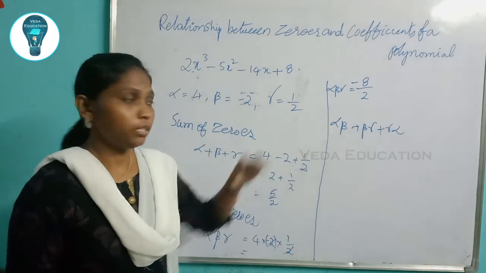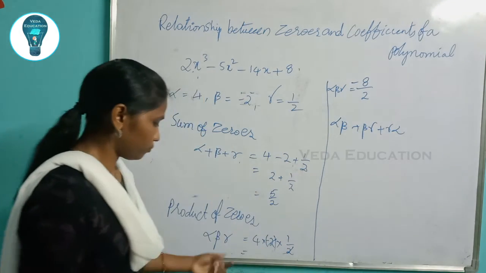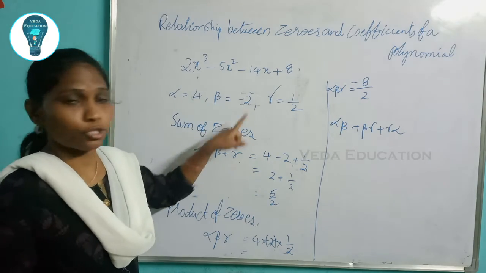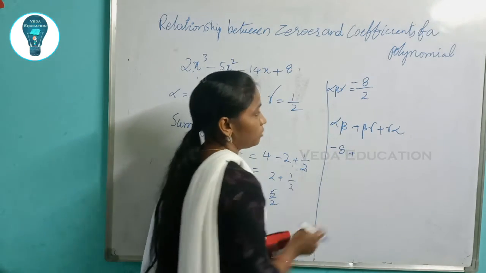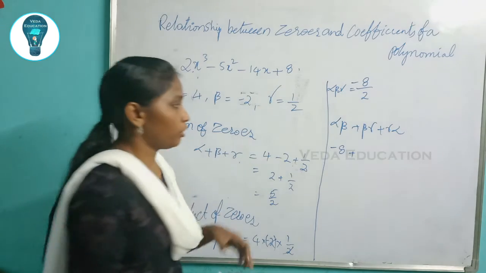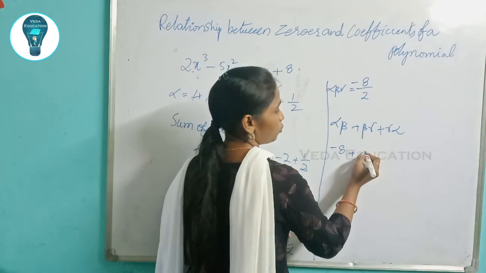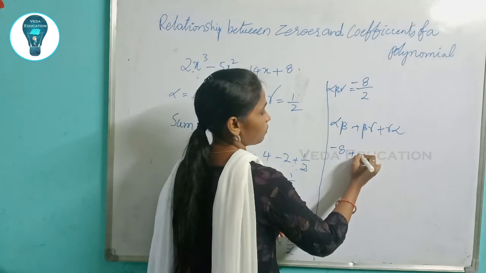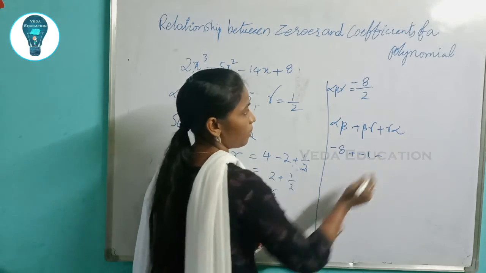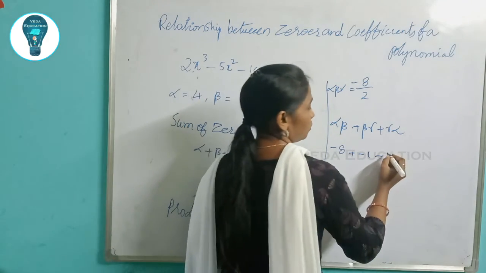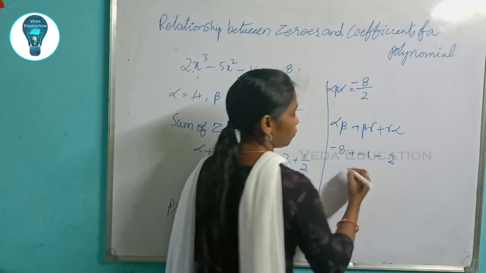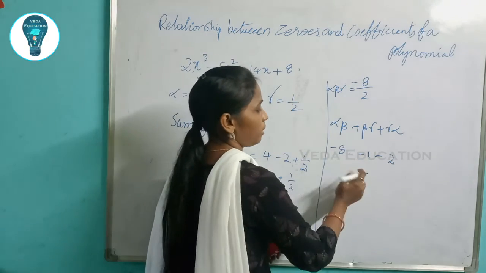This is the third one. Now alpha beta: alpha is 4, beta is minus 2, so the product is minus 8. Plus beta gamma: minus 2 times 1 by 2, you will get minus 1. Gamma alpha: 1 by 2 times 4, you will get 2. So overall what is the answer here? Minus 11.